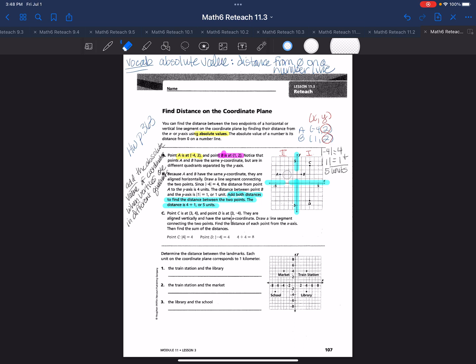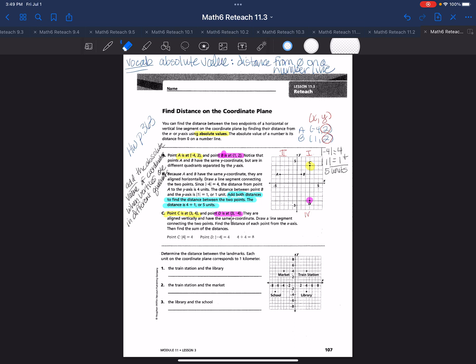Now let's do the next one here. Point C is at 3, 4, so that's here in the first quadrant, and then point D is 3, -4, and that is in quadrant 4. So this is in quadrant 4, so they're in different quadrants.